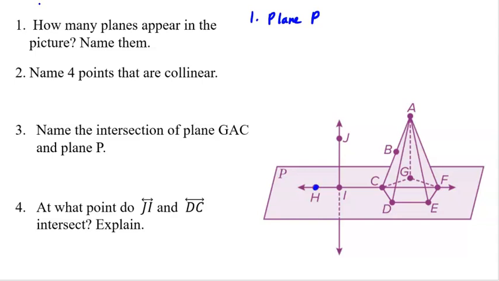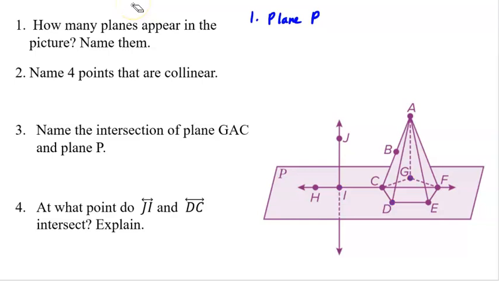So we could name it H, I, and then D. Or we could have named it I, G, D. As long as there are 3 points that are on this flat surface that are not all in a row. So any of those would have been fine.